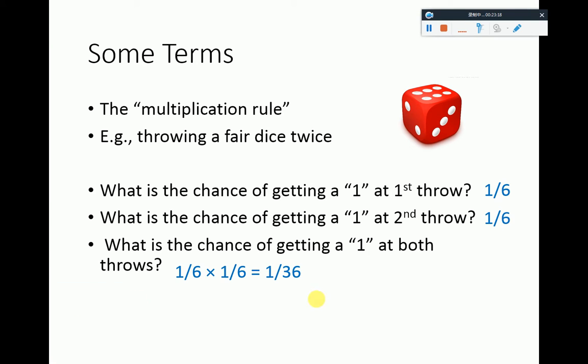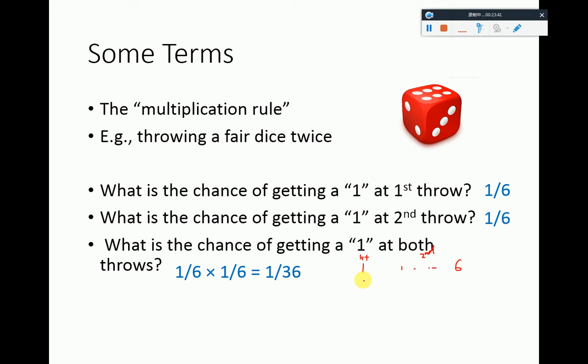Well, if you're not convinced, imagine that the first time you throw, the first throw, you have 1. Then what's the possible outcome for the second throw? You have exactly 6 possible outcomes from 1 through 6.